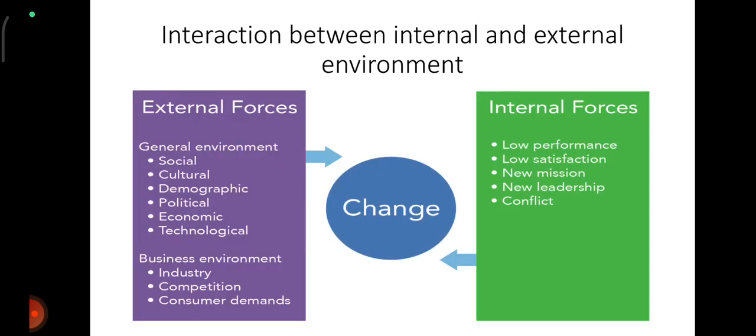Now comes the interaction between the internal and external environment. Whenever we talk about the internal and external environment interchange, we find out the general environment. External forces in the general environment are social, cultural, demographic, political, economic, and technological, and your business environment: industry, competition, and consumer.